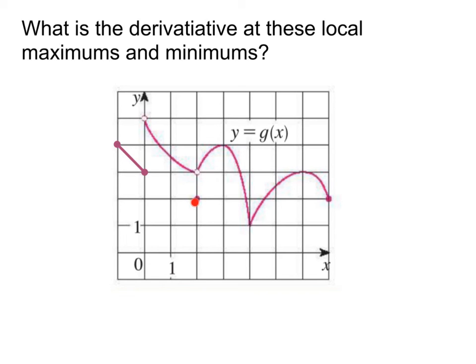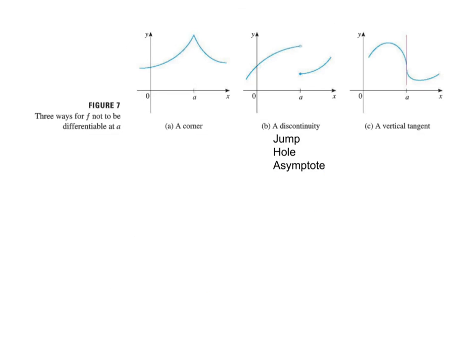Doesn't exist. It's got to be continuous through there for us to be able to find the derivative. At this point, our derivative would not exist. Because remember, it cannot exist at a corner. And at this local maximum, it's nice, smooth, and continuous. So yes, that would be actually 0, again, for what the derivative would be.